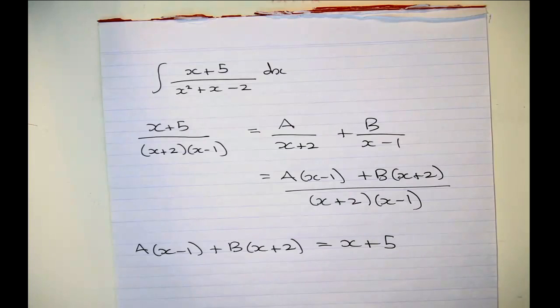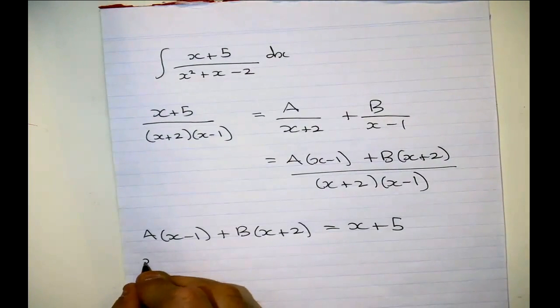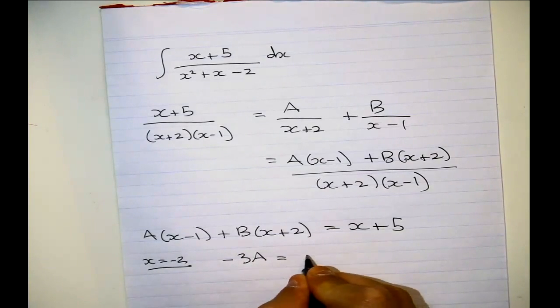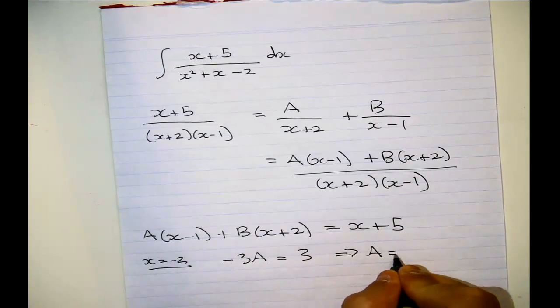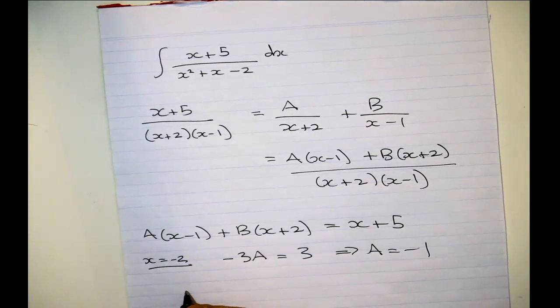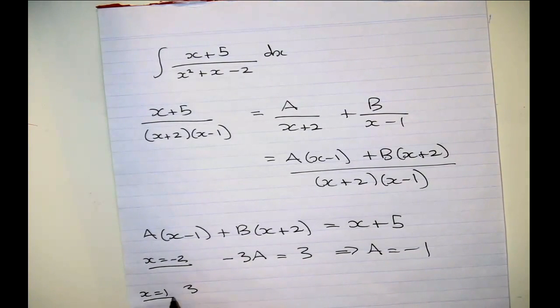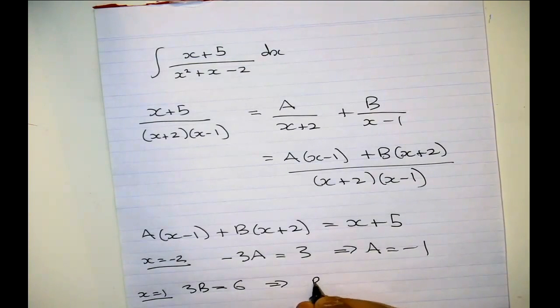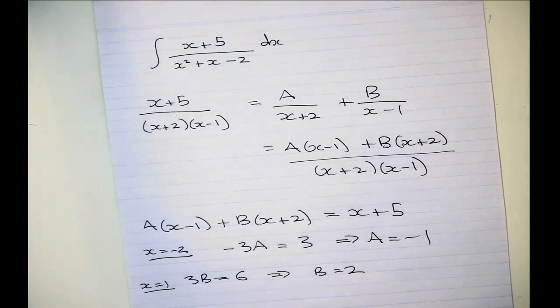If I substitute x equals minus 2 into both sides, I'm going to get A. Done. So when x equals minus 2, I get A. And if I substitute x equals 1, I get B. Awesome.